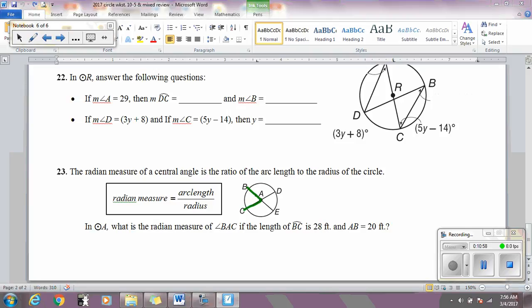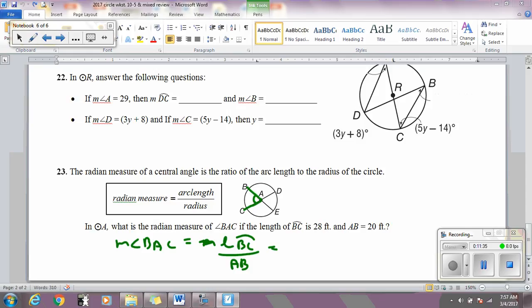So we're looking for that measure in radians. So the measure of this angle, BAC, will equal the length of arc BC divided by the radius of the circle, which they tell us is AB.